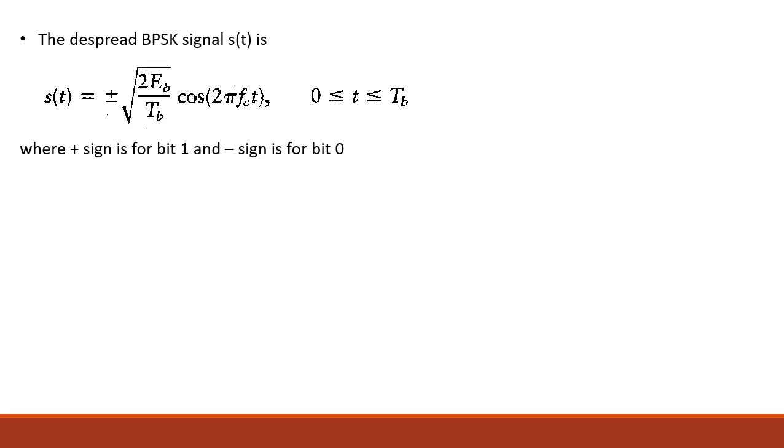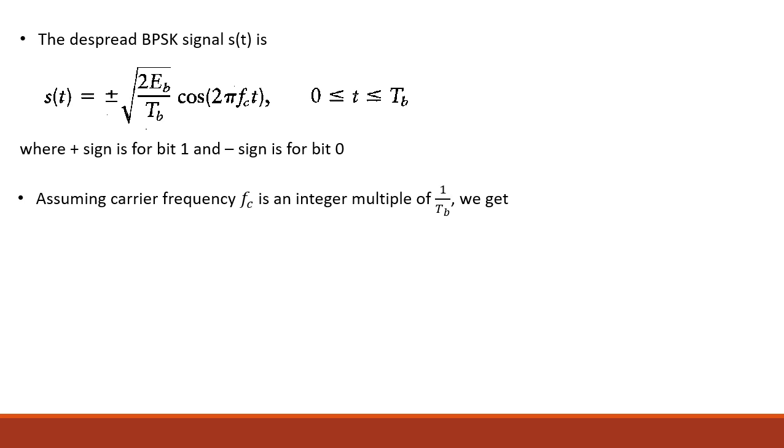So the DS BPSK signal S of t can be expressed as plus or minus root of 2 EB by TB cos 2 pi fc t, where t is a value between 0 and TB, the bit duration. Here the plus sign corresponds to bit 1, and the minus sign corresponds to bit 0. So if we assume that the carrier frequency fc is an integer multiple of 1 by TB, we can calculate the signal component Vs as plus or minus root EB.